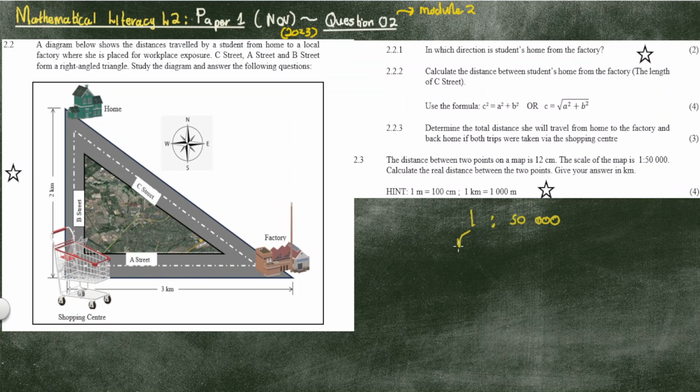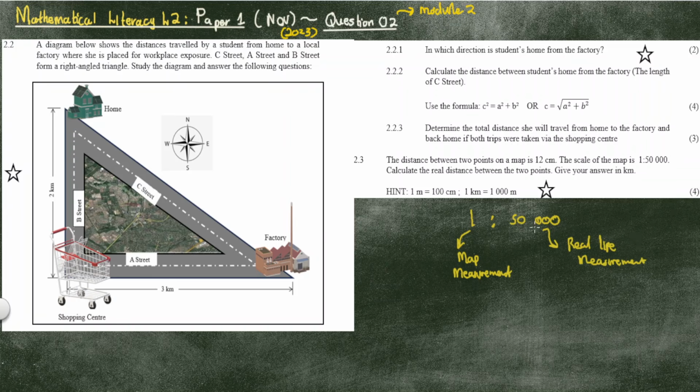We know that 1 represents map measurement or distance, and then 50,000 represents real life measurement.